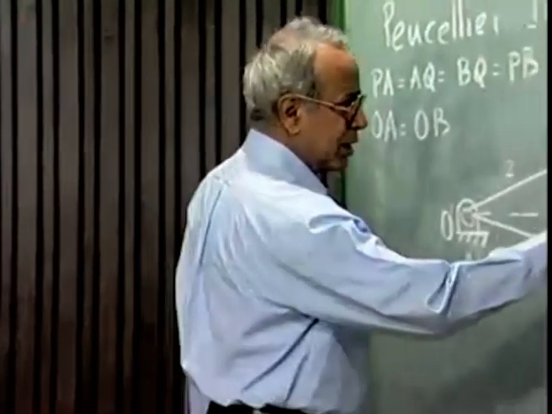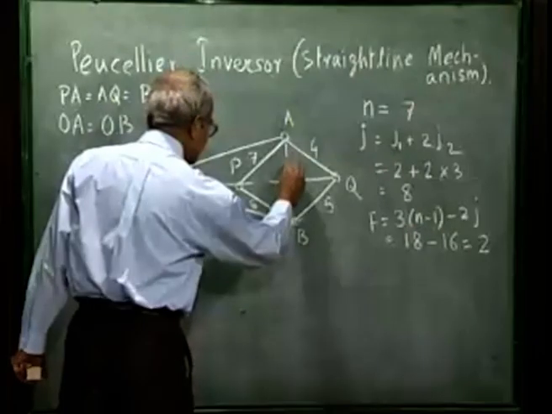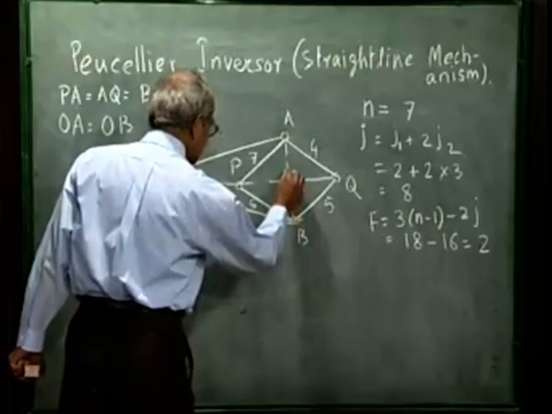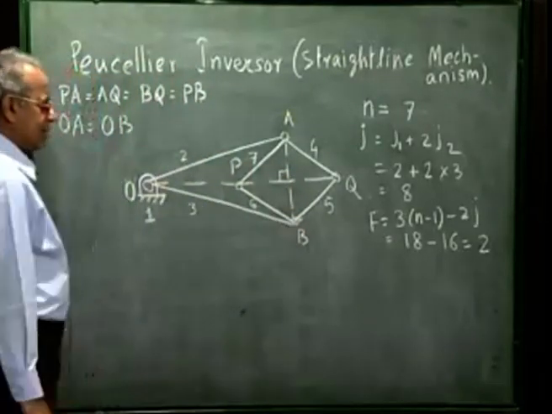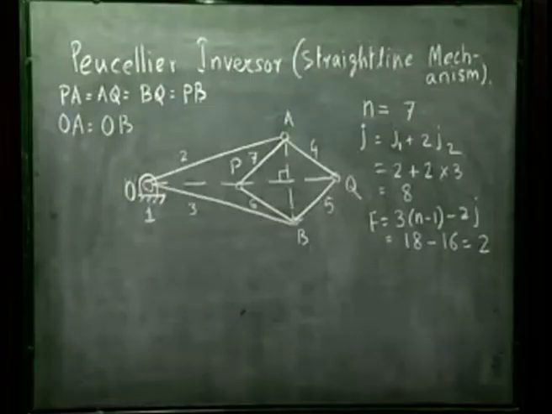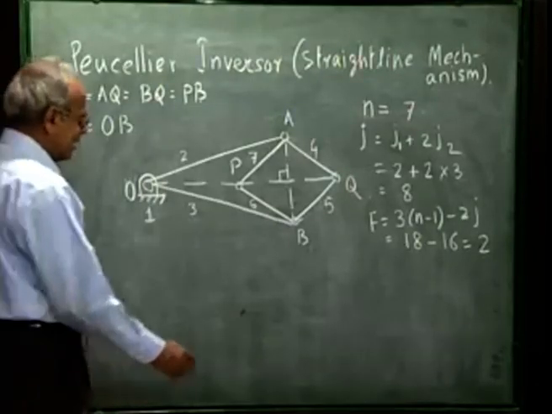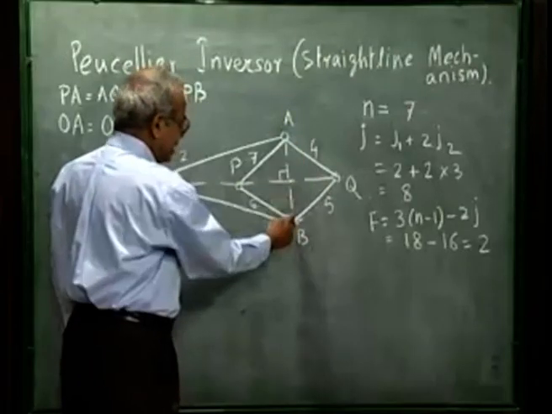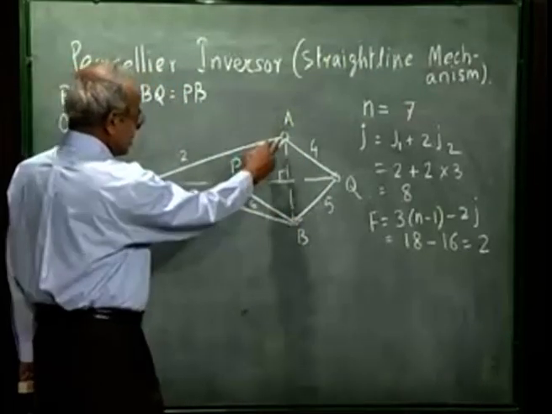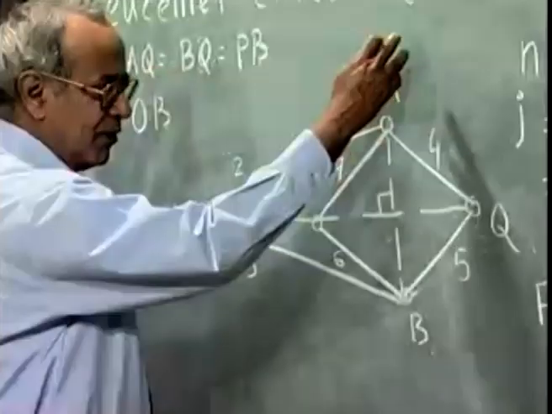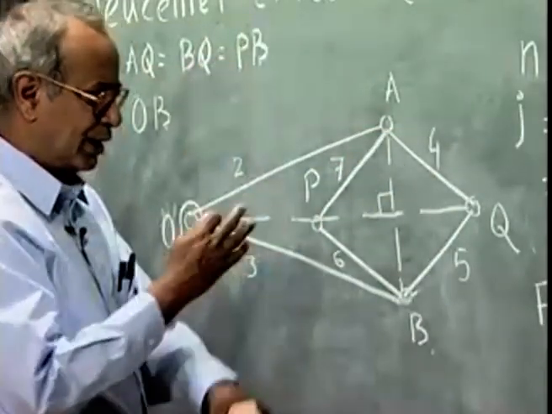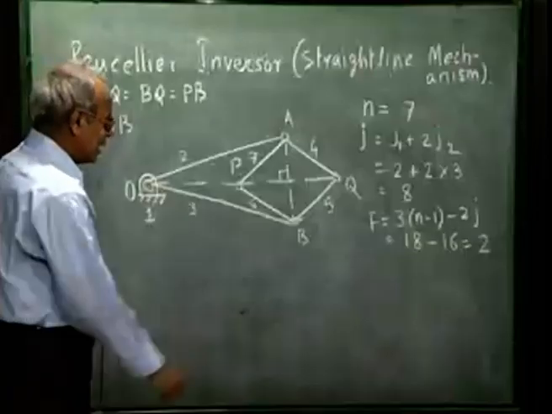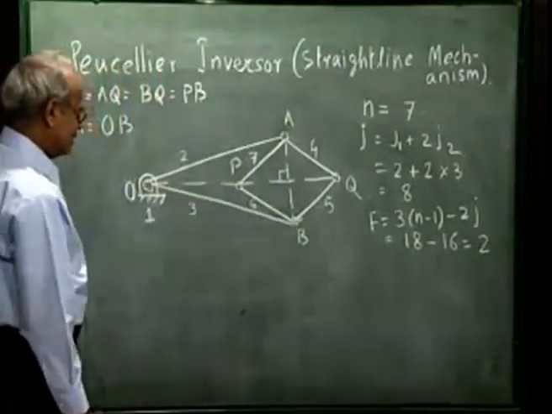Because it is a rhombus, so the diagonals must intersect normally. This angle must always remain 90 degrees, because these are the 2 diagonals of this rhombus. PQ and AB are 2 diagonals of this rhombus APBQ. However Q moves, these diagonals will always intersect each other perpendicularly, so this angle will be 90 degrees.